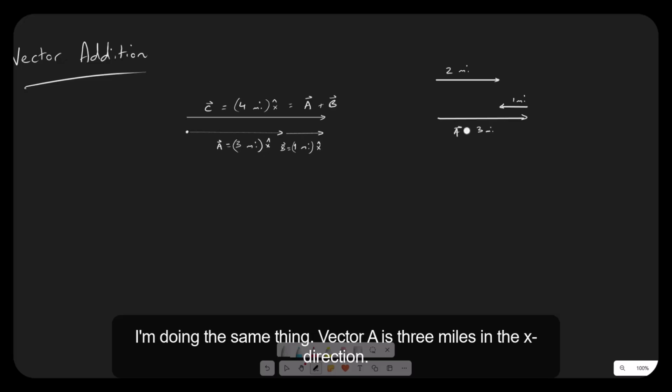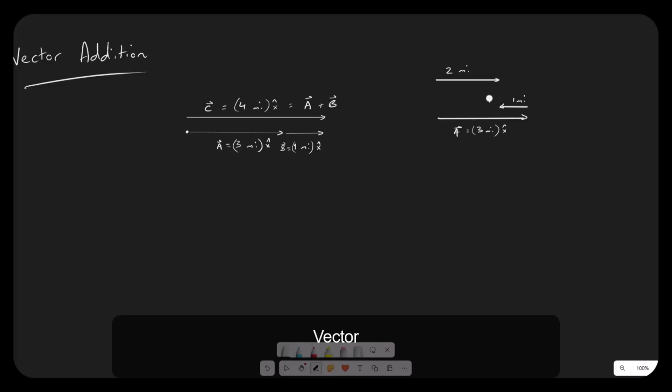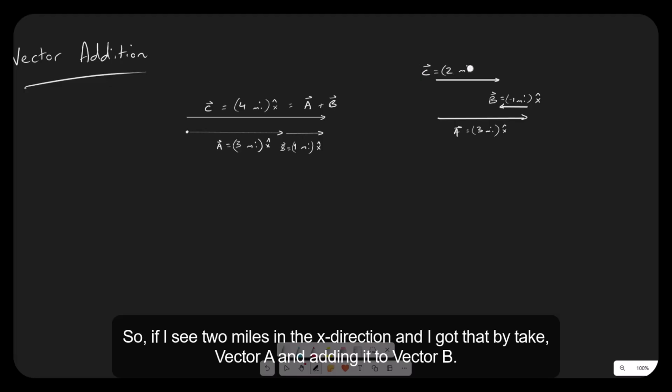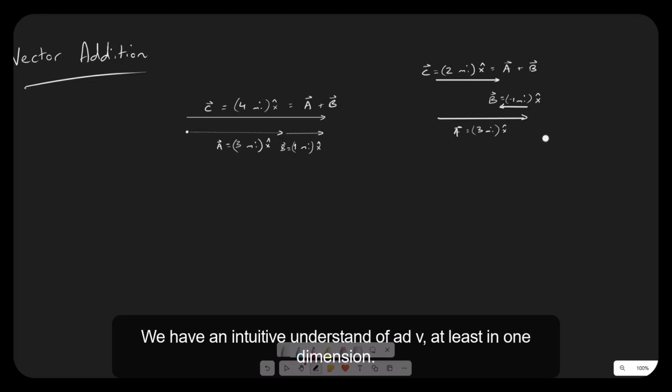Vector A is 3 miles in the x direction. Vector B is negative 1 mile in the x direction because I'm pointing to the left. So vector C is 2 miles in the x direction, and I got that by taking vector A and adding it to vector B. We have an intuitive understanding of adding vectors, at least in one dimension.